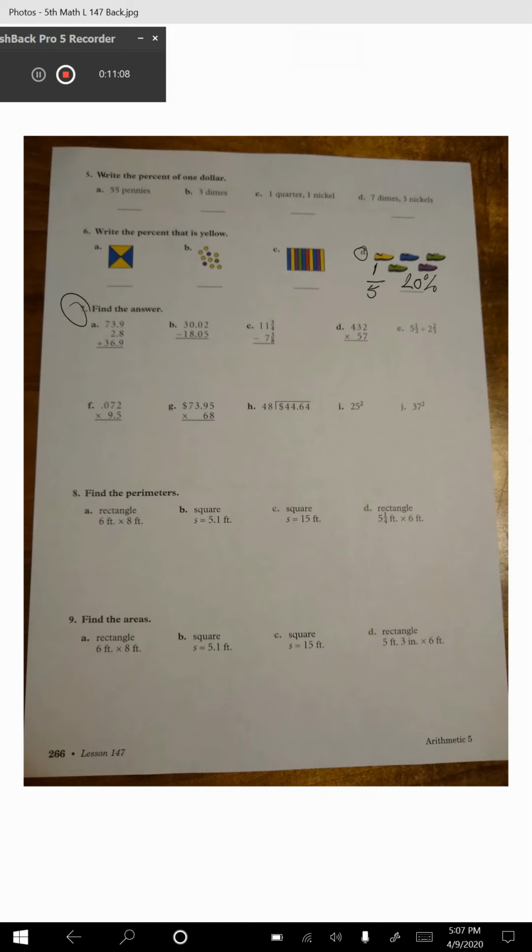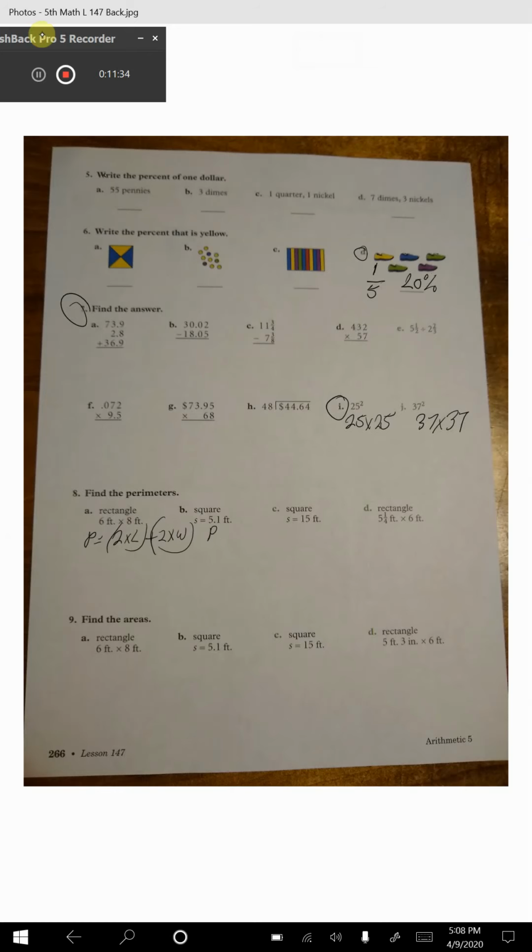These are easy. Remember, this is 25 times 25, and this is 37 times 37. Okay? Find the perimeters. Remember, the perimeter of a rectangle is 2 times the length plus 2 times the width.